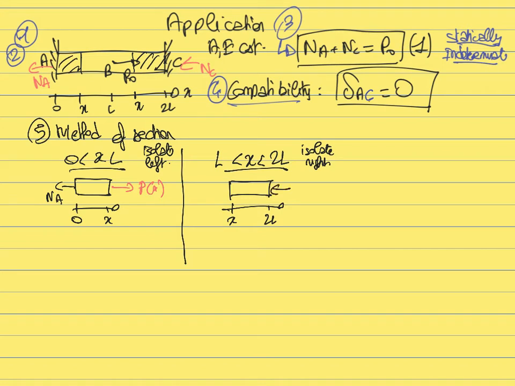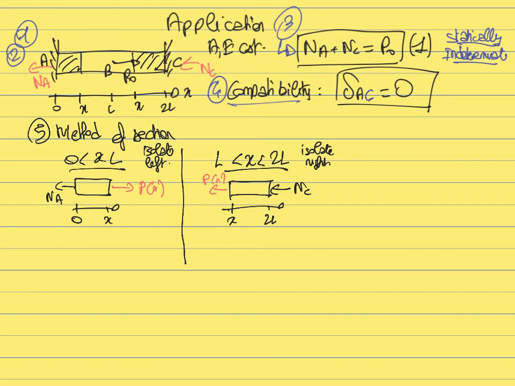We have the external load from the support NC. We don't know yet what it is, but for now we are going to express everything in terms of NC. And we have the internal load. Again, the internal load is always defined as pointing towards the outside.